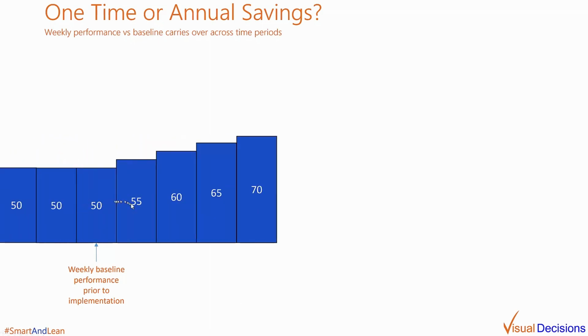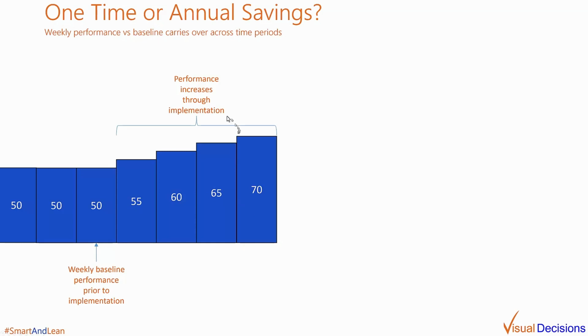And during the project, we take 4 weeks to implement the solution. We see consistent gain in production across those weeks, and at week 4 or 5 of the project, we're up to 70 pieces produced per hour.